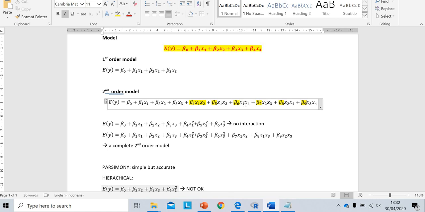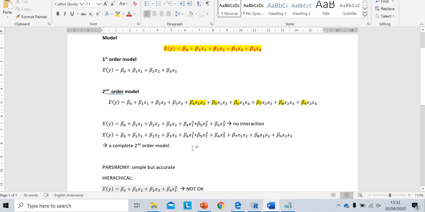As you can see, when you put in a higher order model and your variables are quite many, your model becomes complicated really fast, with more parameters to be estimated.